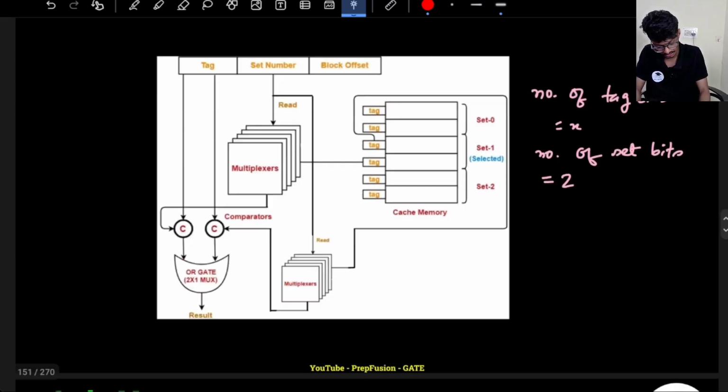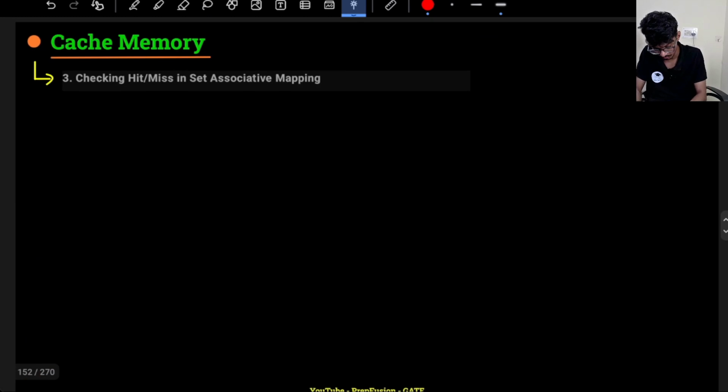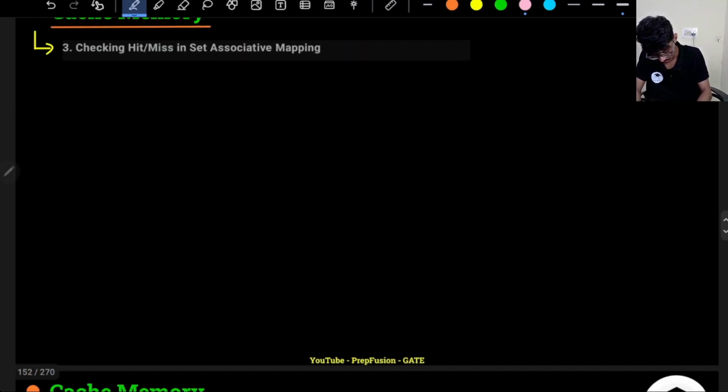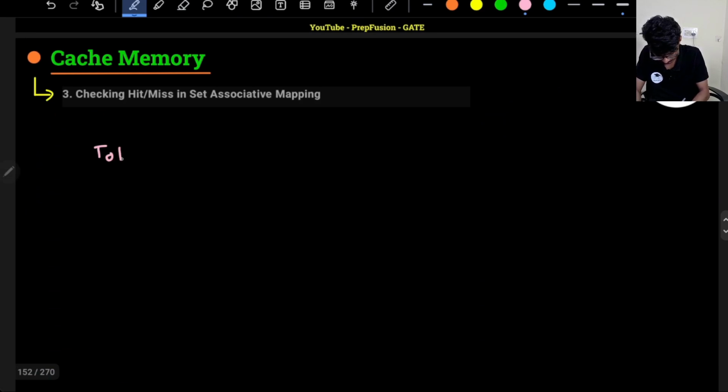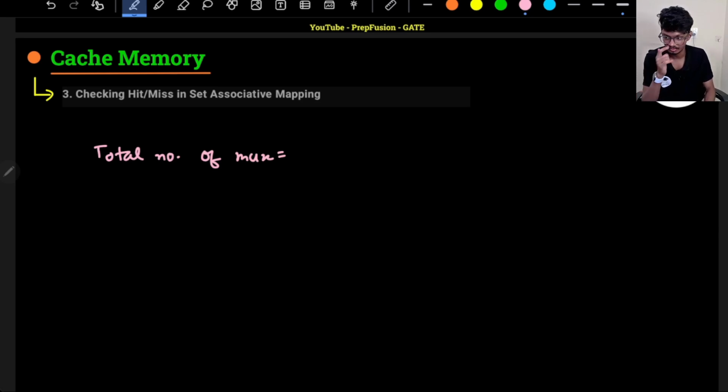So what will the total number of muxes be in this case? Whatever was the previous will be the same, basically the number of bits in the tag.